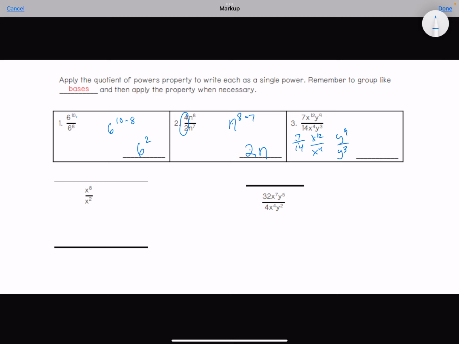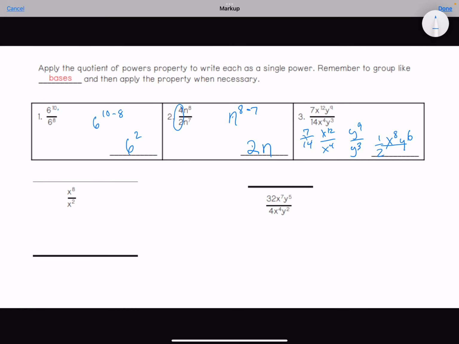You can just do it. But for right now, to start, this is just best practice. 7 over 14 is 1/2. And then I'm subtracting my x's. So 12 minus 4, I have x to the 8th. And then 9 minus 3, y to the 6th.